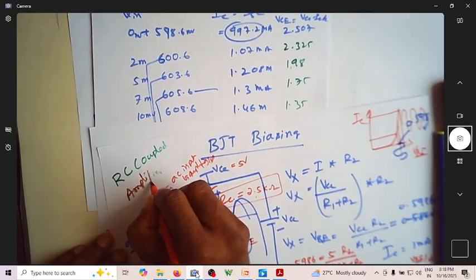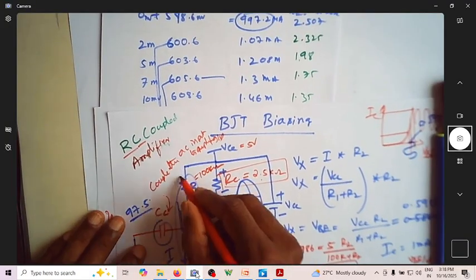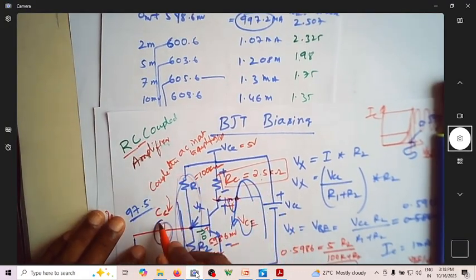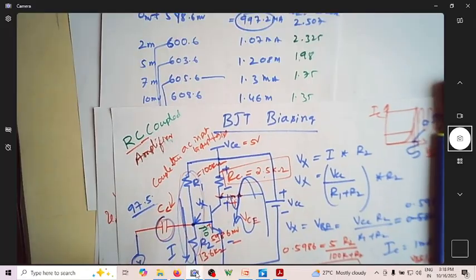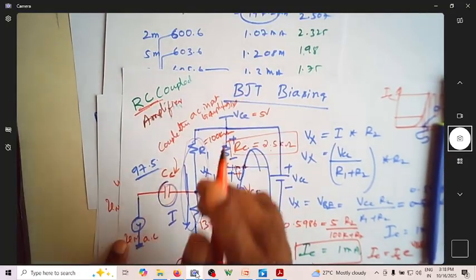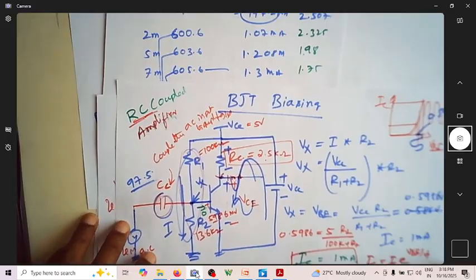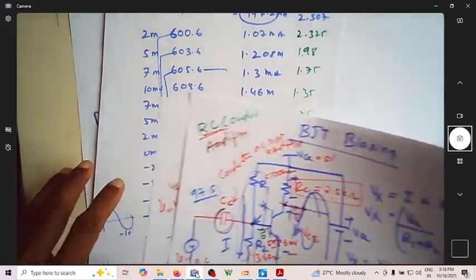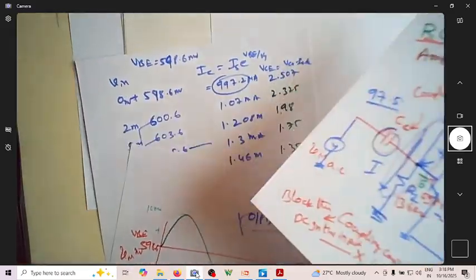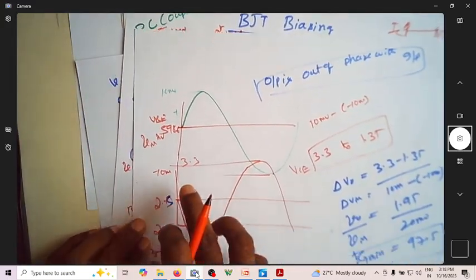What is the name of the amplifier? It is RC coupled. Why is it RC coupled? Resistors and capacitors are used to couple the input AC signal to this amplifier. That's why it is called an RC coupled amplifier. Okay, so this is how an RC coupled amplifier will amplify.